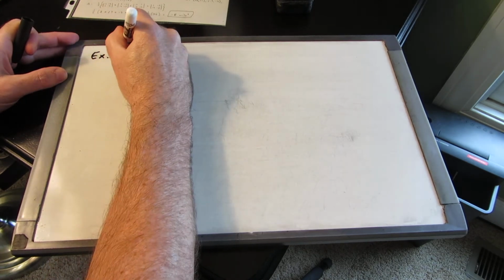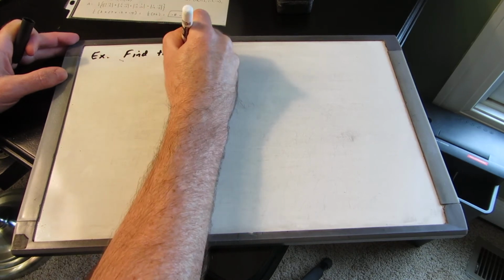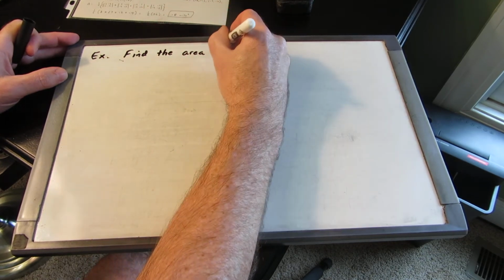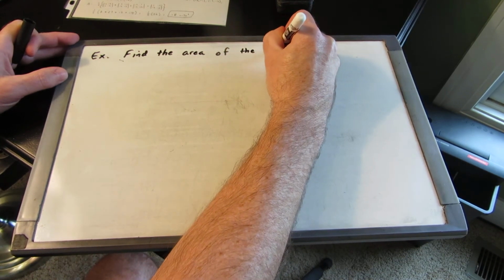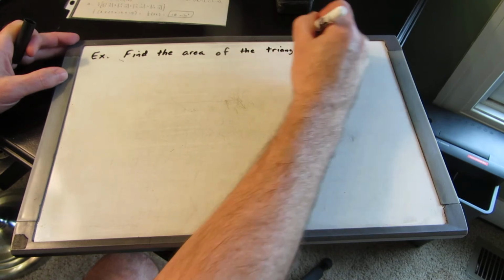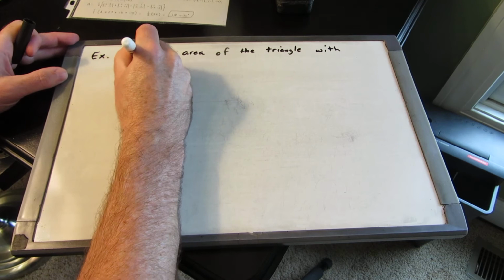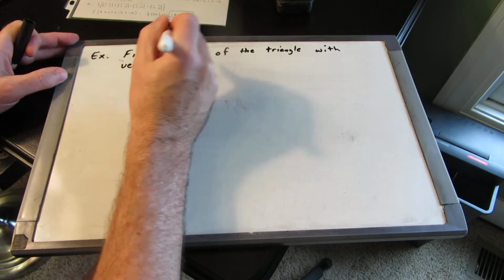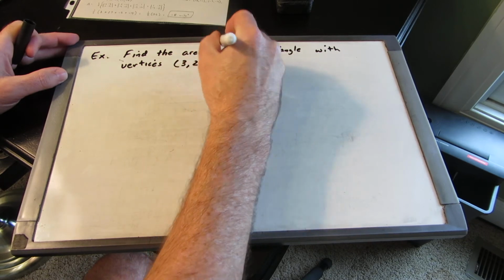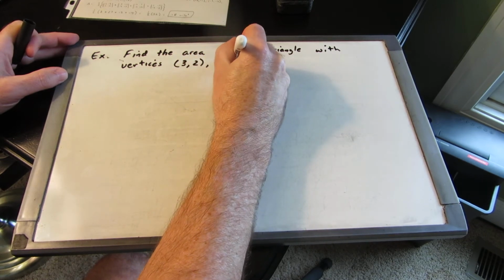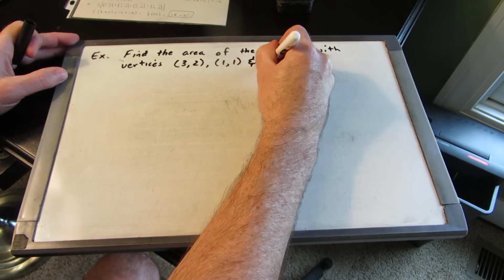The first one is find the area of the triangle with vertices 3, 2, 1, 1, and 2, 5.